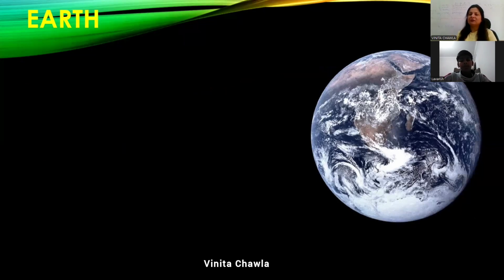So do you know the distance between the sun and the earth? It's about 15 crore, I think. It's nearly 1.5 into 10 raised to the power 11 meters. And how much time does light take to reach the earth? 8 minutes and 20 seconds.